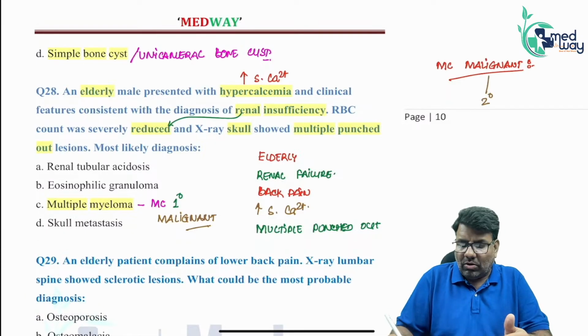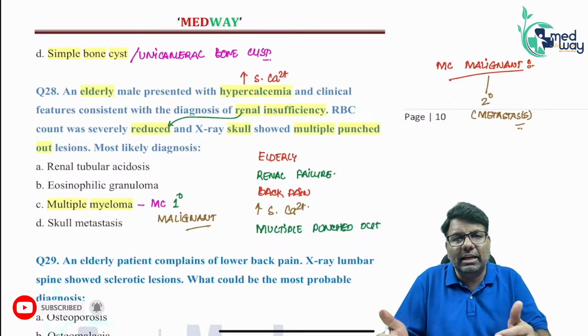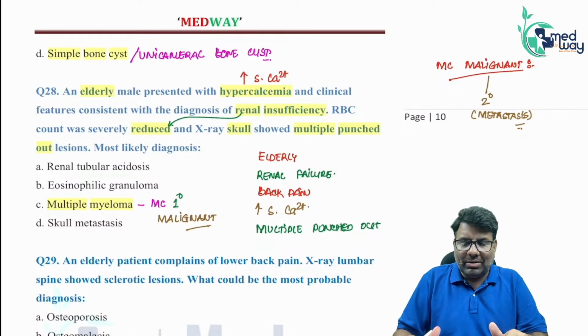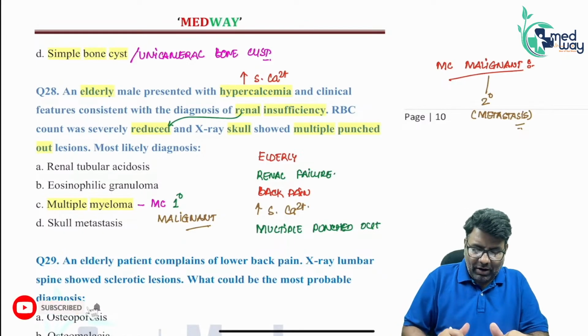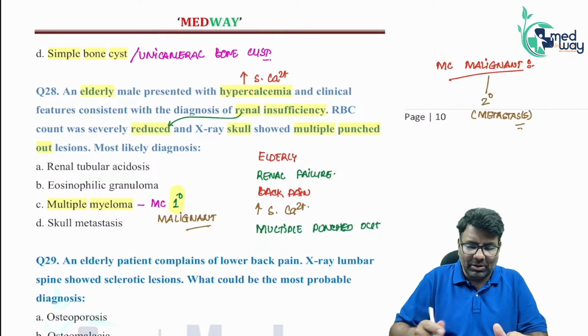It means, or what you call metastasis, the tumor cells are coming from some other area and they are landing up in the bone. The most common malignant tumor is secondary, and if I specifically put the word primary, then the answer will come out to be multiple myeloma. Please remember this.